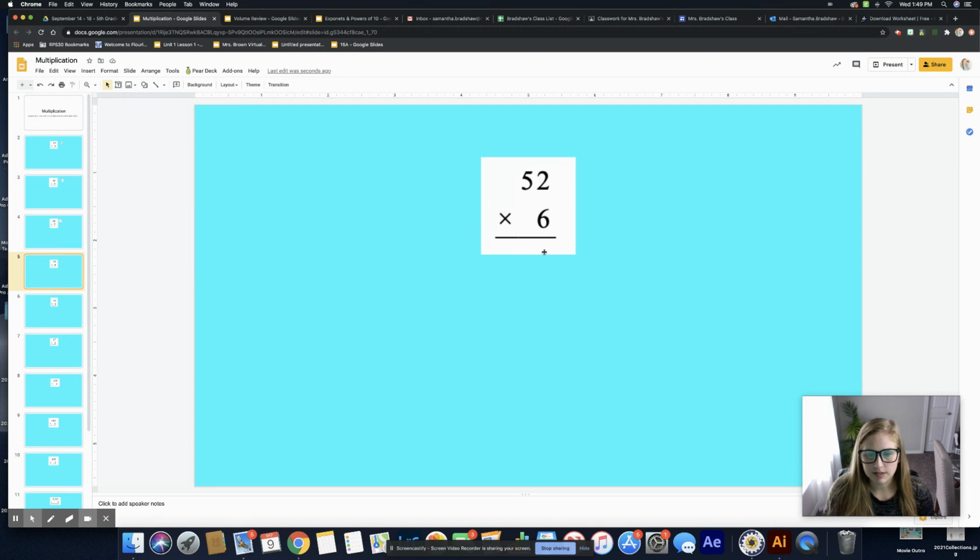We're going to solve this one together as well. 6 times 2, oh, I forgot. I want to cover up that extra number so it doesn't get too hard for me. I'm going to cover this up, and now I have the problem 6 times 2. 6 times 2 is 12. Put my 2, carry my 1 because I can't put it under here.